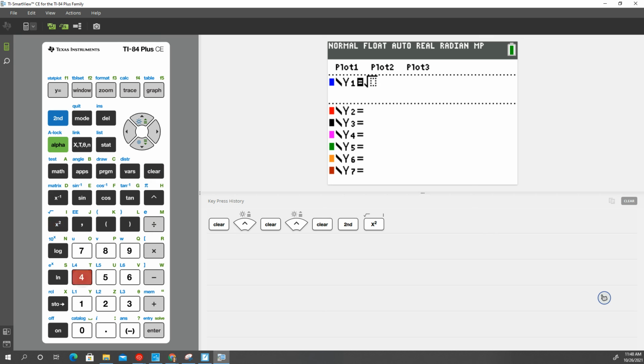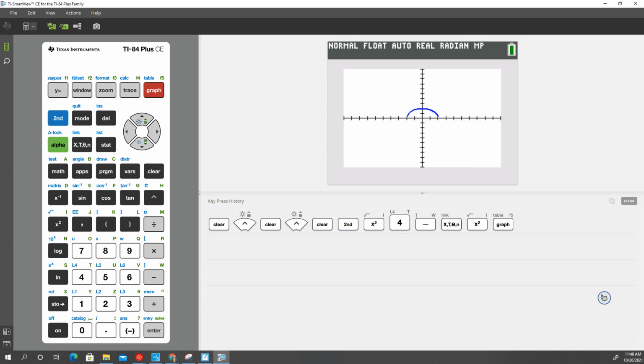Square root of 4 minus x squared. Zero idea what my window's set at. Does my domain look like it's from -2 to 2? Yes, that's what we found. Looks beautiful.